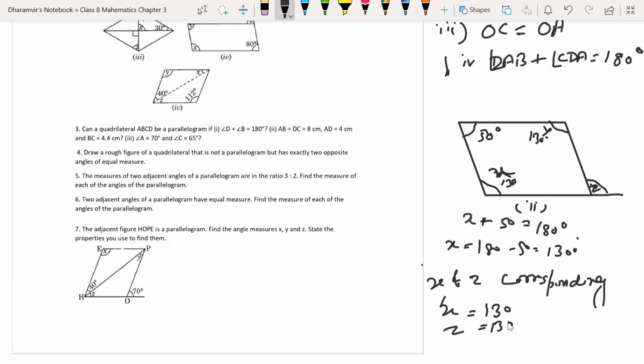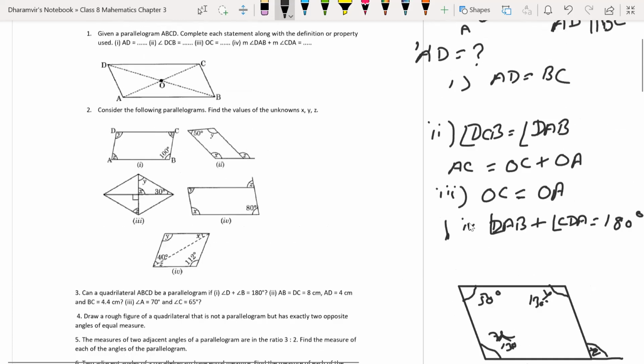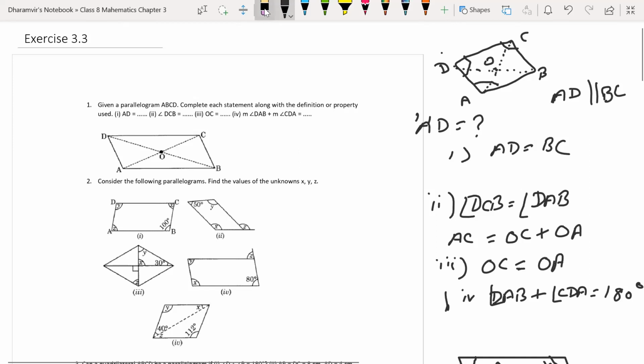So here the value of X is 130, Y is 130, and Z is also 130 because X and Z are the corresponding angles. This is the solution for the second figure.